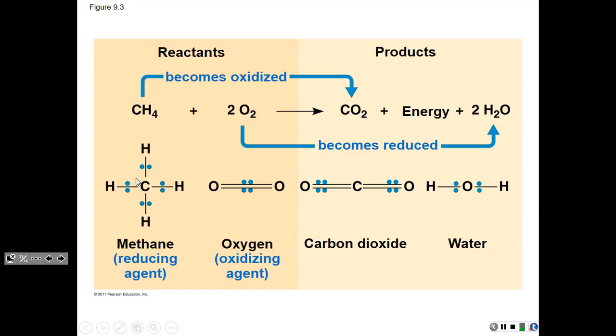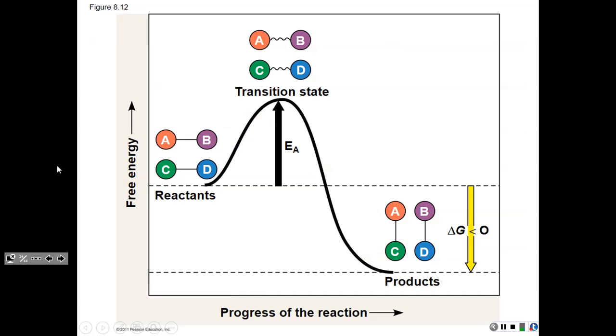This is the heart of what's going on with a redox reaction. Interestingly, you don't necessarily have to make or break bonds, but you have to change the energy of the electrons. If you go from high energy electrons to low energy electrons, that is a redox reaction. Again, what we're going to be talking about for the rest of this class, in a nutshell, are redox reactions.